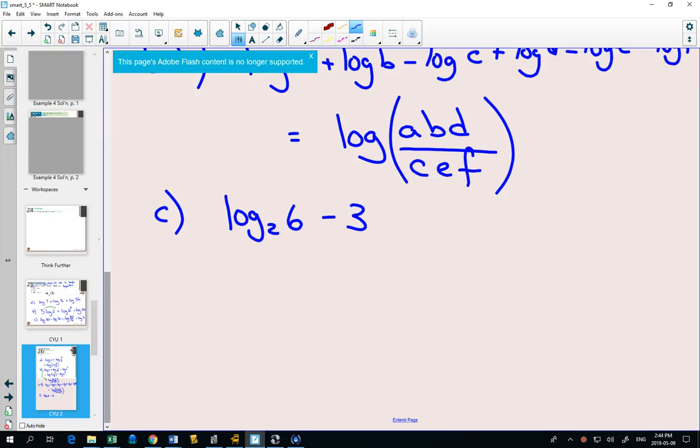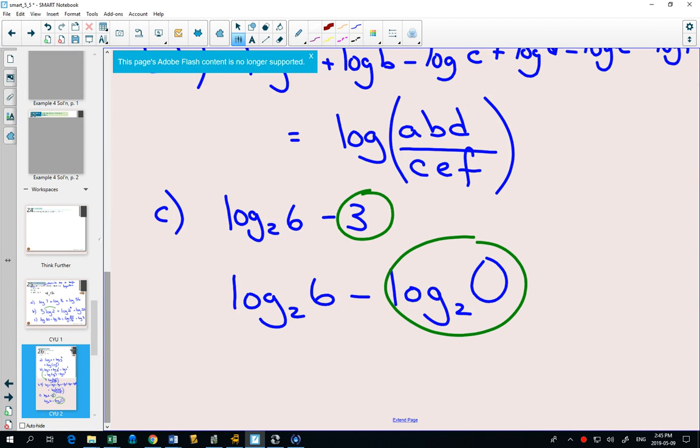But right now, I have log 2 of 6 minus a number. The only way I can combine with subtracting is if I'm subtracting with the same base. So I somehow would need to put a number in here so that this is equal to this. What number goes in that circle?